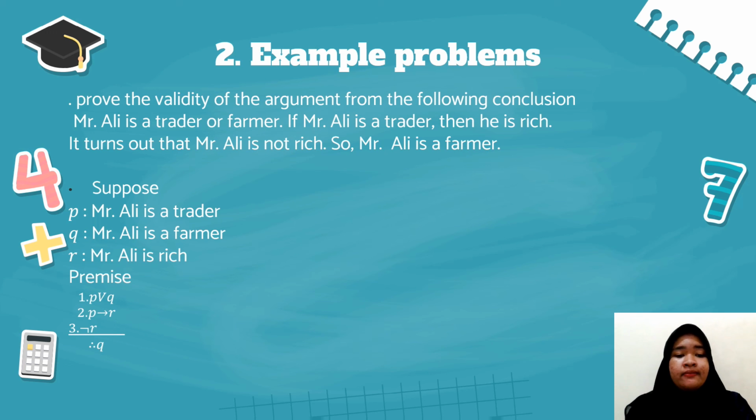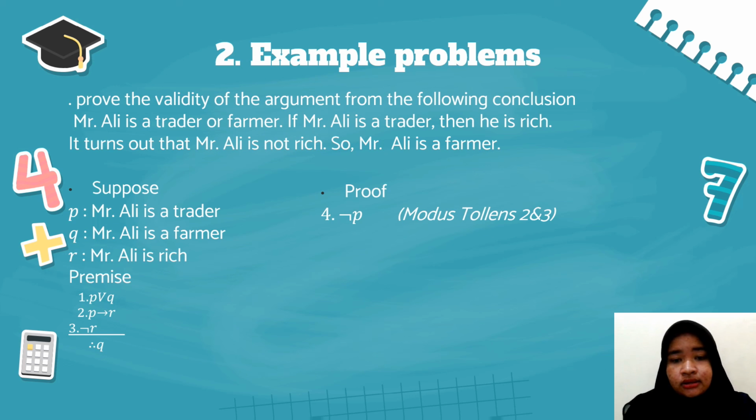We can get the premises. The first premise is P or Q. The second premise is P implies R. The third premise is negation of R, so we can conclude Q. The proof is negation of P. We get negation of P from modus tollens of premise 2 and premise 3.